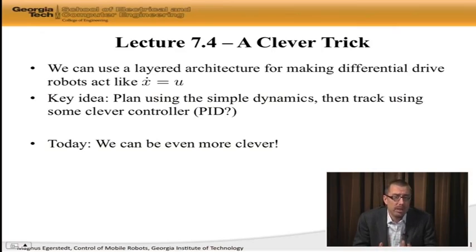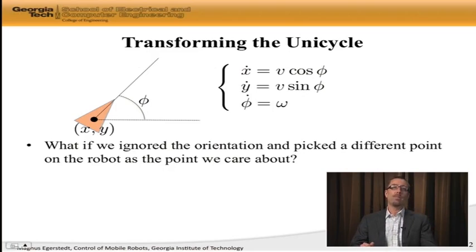But because differential drive mobile robots are so common, and we know that unicycles model them well, this trick becomes more than just a piece of mathematical curiosity. It becomes an effective way of thinking about a large and rich class of mobile robots. So instead of doing tracking, we're going to transform the unicycle dynamics.